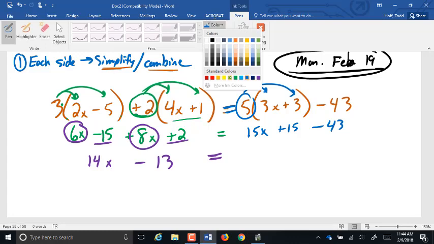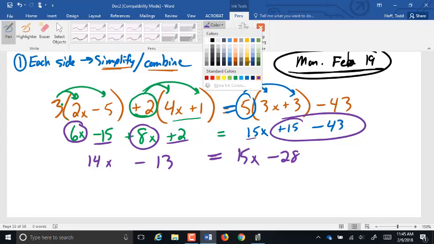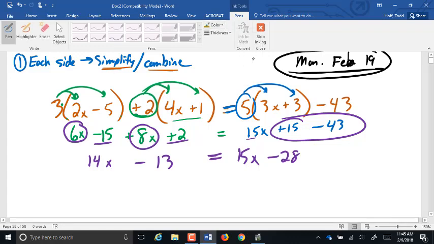So then we go ahead and combine what else we can. The 15x is going to be left alone, but we do have a 15 and a negative 43, which combine to make negative 28. So now we've combined and simplified everything we can on each side.